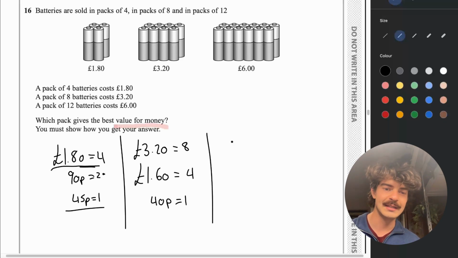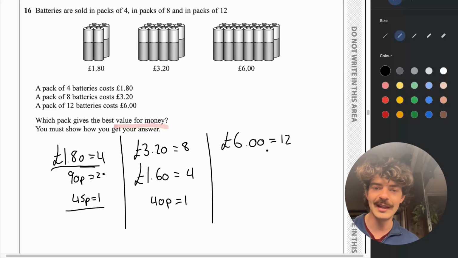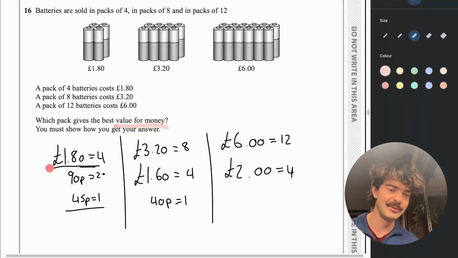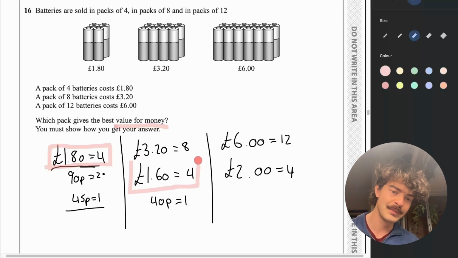And last but not least, the £6 over here for 12. Here, let's actually start by dividing by 3 to get us to £4. And actually, what we could have done is done this straight away. So dividing by 3 gives £2, right? Which would be the price of 4 batteries. Now, interestingly, upon reflection, we can compare directly the values of the 4.